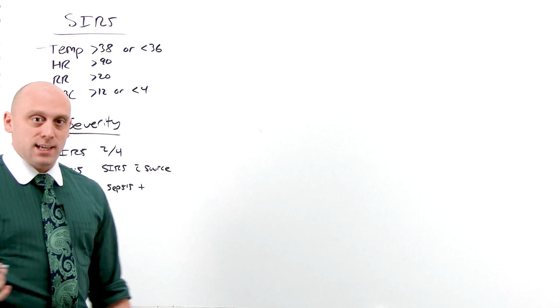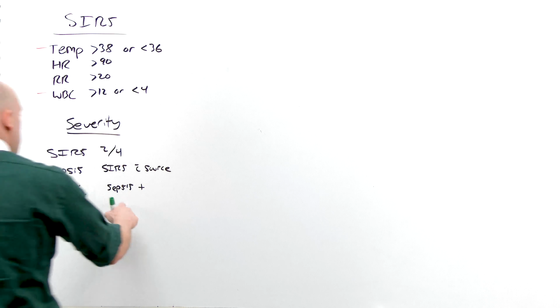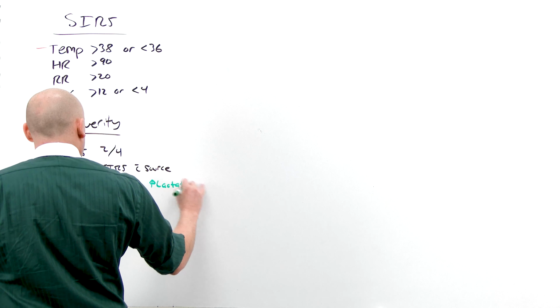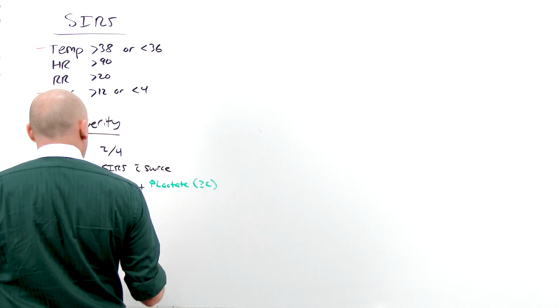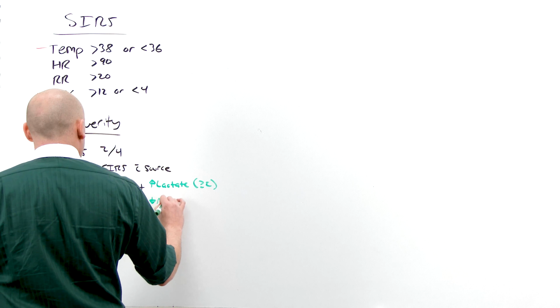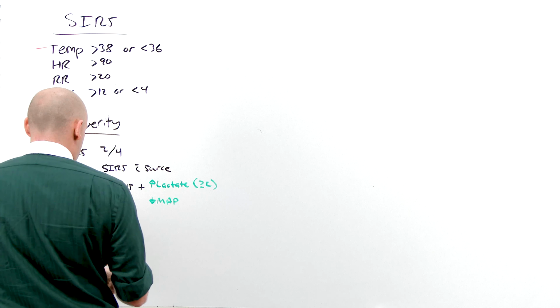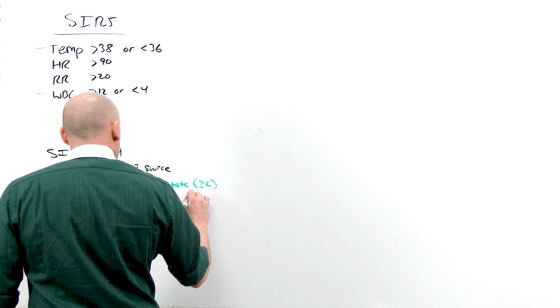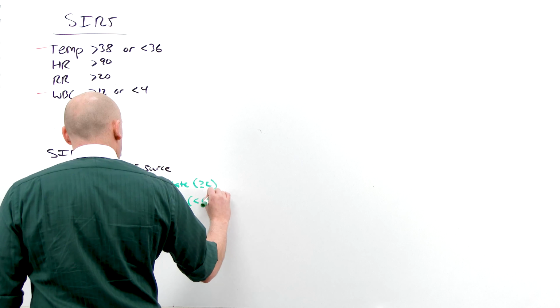We've gotten more sophisticated than that. It's sepsis plus either an elevated lactic acid that is greater than or equal to 2 or a low blood pressure. And since we're in the ICU, we're using MAP: MAP less than 65.